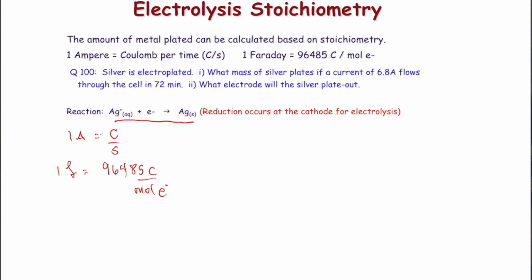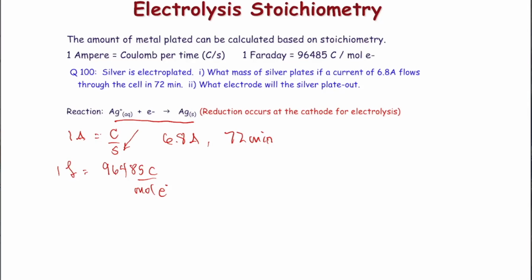And it tells you that you have about 6.8 amperes. And you're operating it for 72 minutes. Okay. And the minutes come in because you have time right there. A current is a coulomb per time.